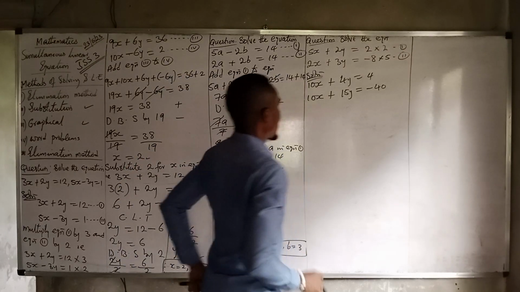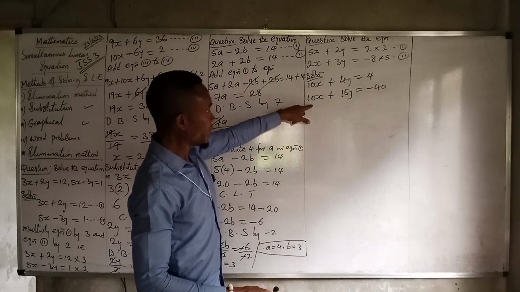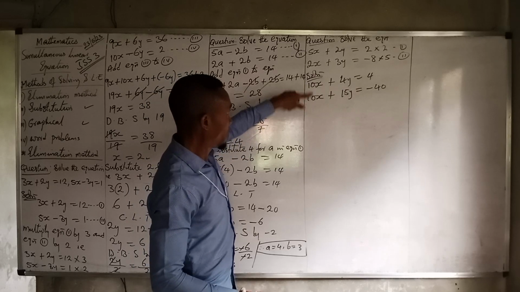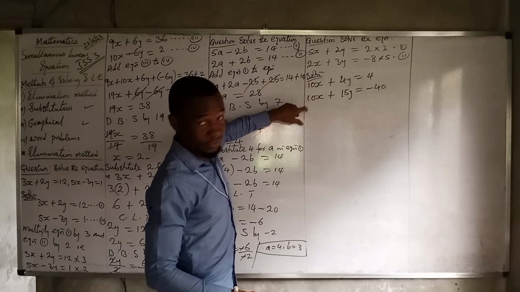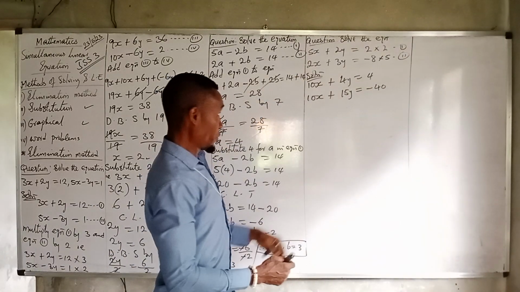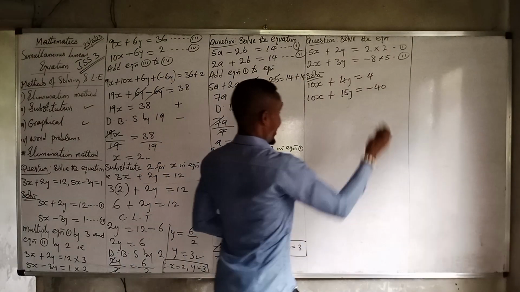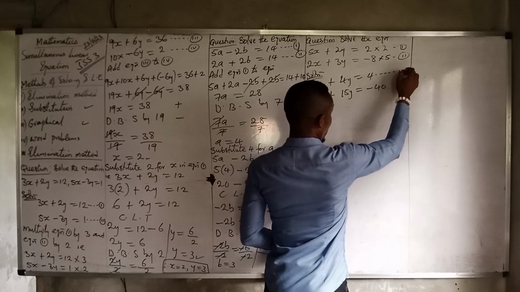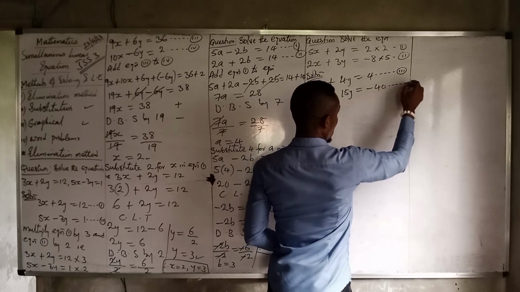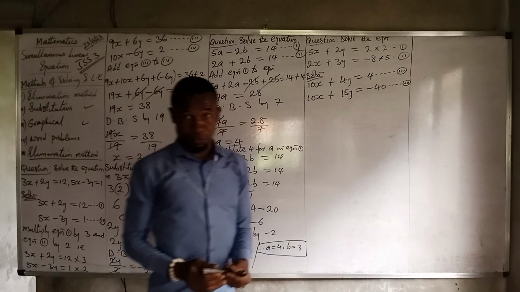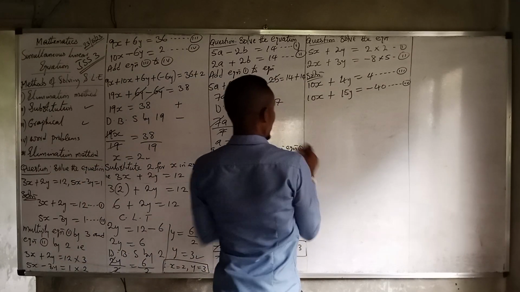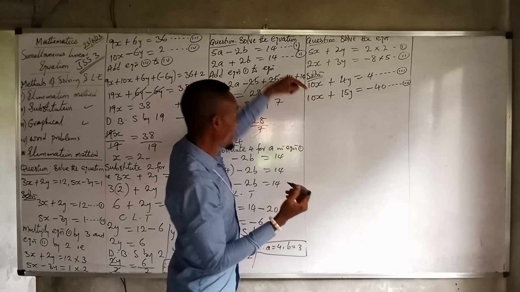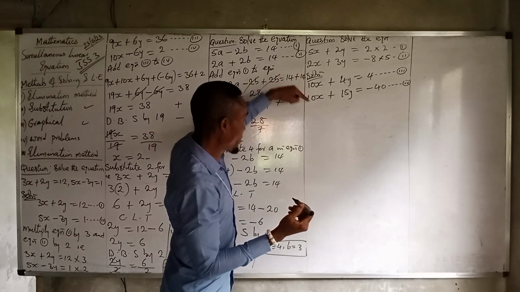Now you can see that the two x terms have the same coefficient in both equations. Maybe I can label this one as equation 3 and that one as equation 4. I'm going to subtract because I have the same sign here, plus and plus.